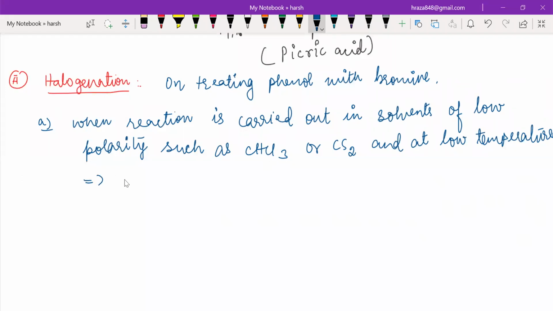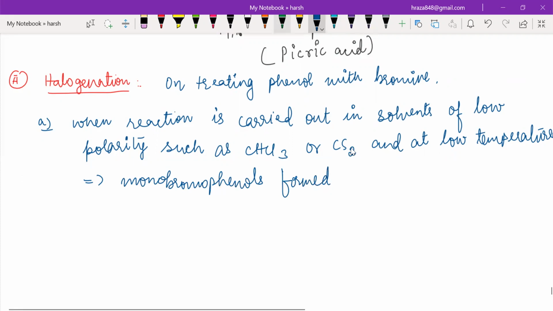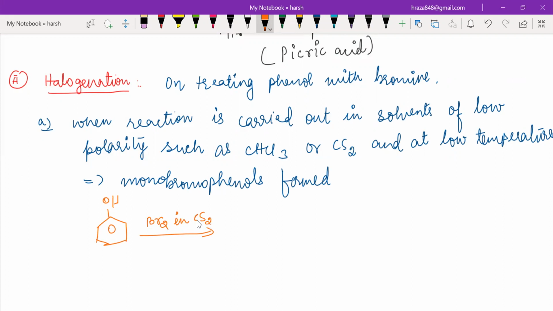Then monobromophenol forms. As you can see the reaction, if you are going to react this phenol, this is our phenol, with Br2 in the presence of carbon disulfide, CS2, at 273 Kelvin, then Br will be added at ortho and para.